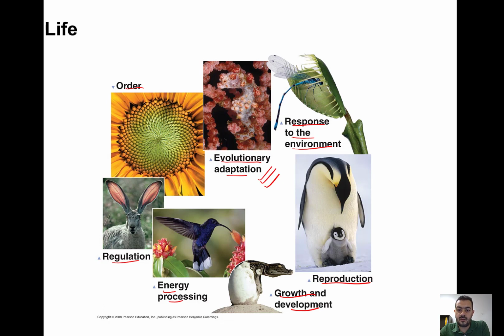Then in the coming videos we are going to focus on reproduction and growth and development. Then we will also touch on some of the concepts of order, so the different structures of the plants, a bit of anatomy of the plant and how these organs are ordered and their functions.